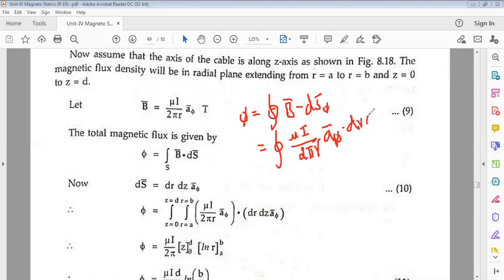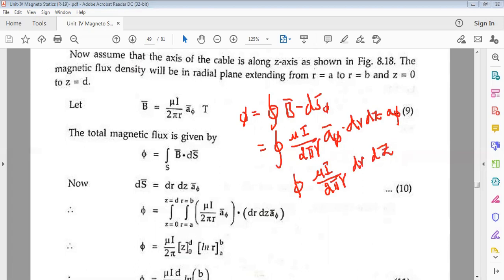So dr dz into a phi bar. In this integral, a phi bar dot a phi is 1, giving mu I by 2 pi R into dr and dz.